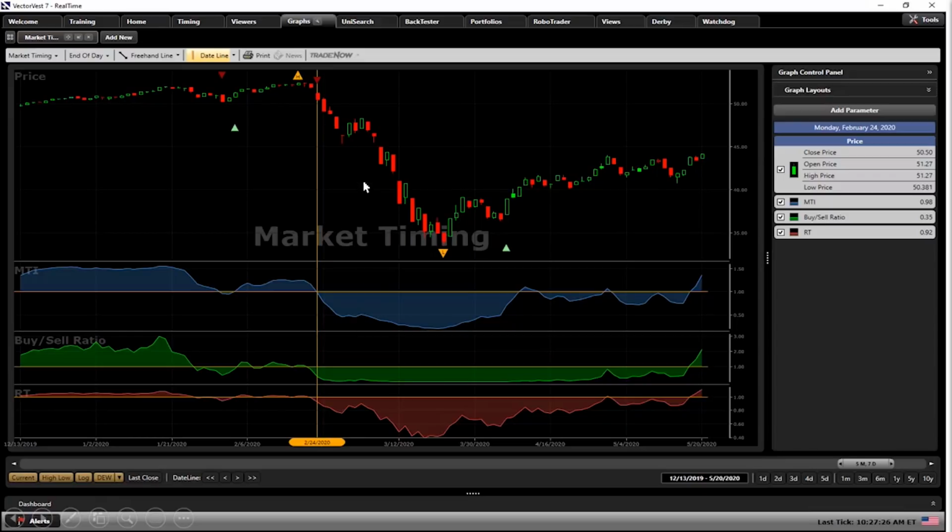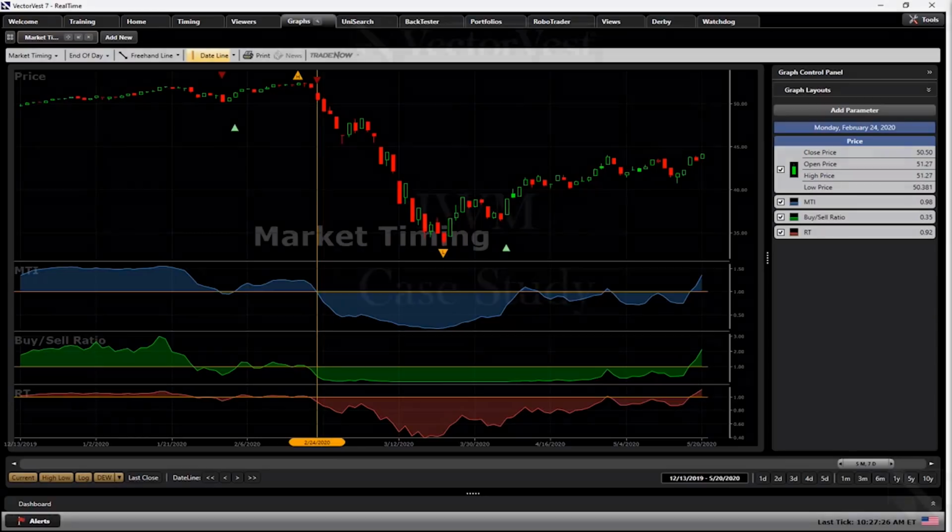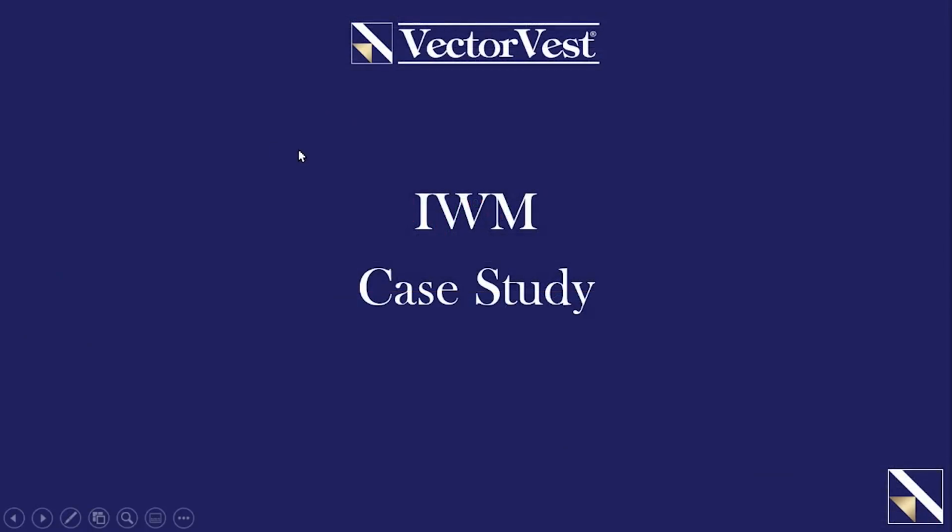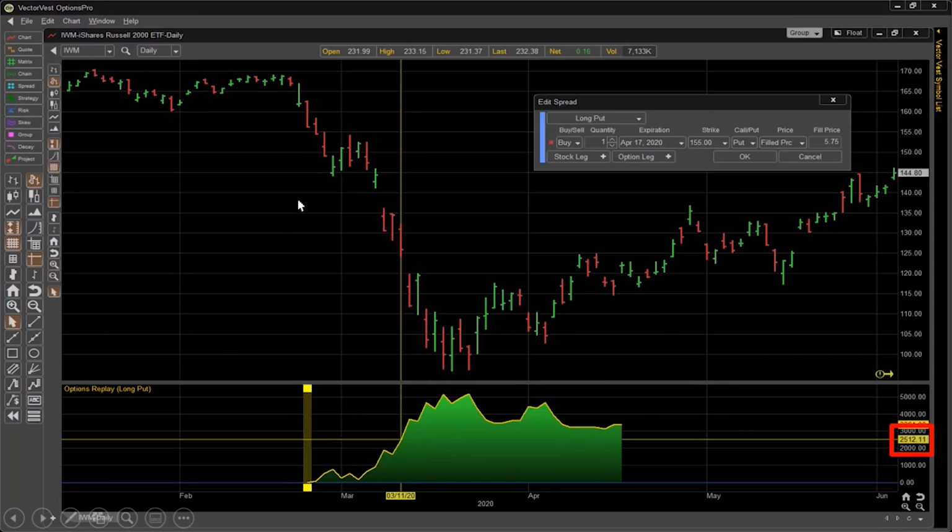But for our example, we'll use the DEW down on February the 24th as we align our trades with the current market condition. So I'm going to use IWM again as our case study because it also worked out very well. So if you wanted to hedge or profit in a downtrending market on that date, on the 24th, again using the ETF IWM that tracks the Russell 2000, you could have gone out and bought an April expiration.